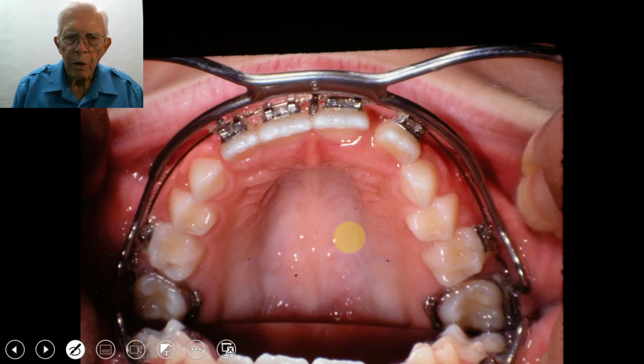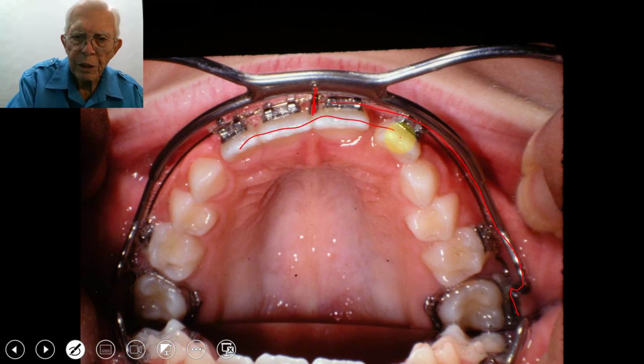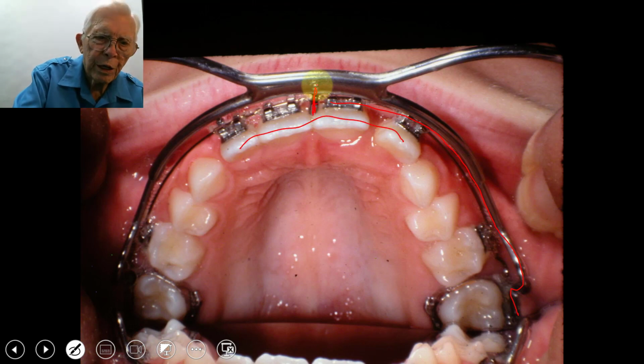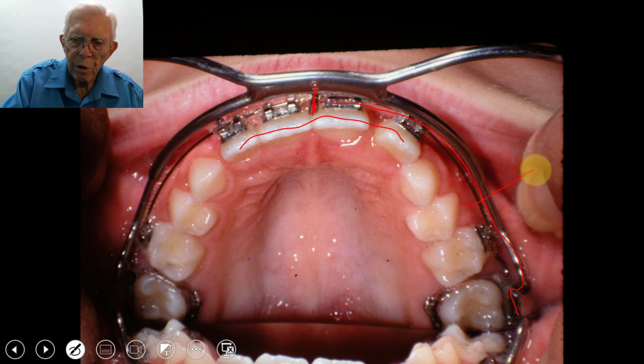Now, we take the inner bow, fits in here, and run it, and you've got a little spike coming off of this, and you put that under your arch wire, so it picks these teeth up as it raises this back there. So you can take the whole maxillary complex and go up by pulling somewhere around in here.